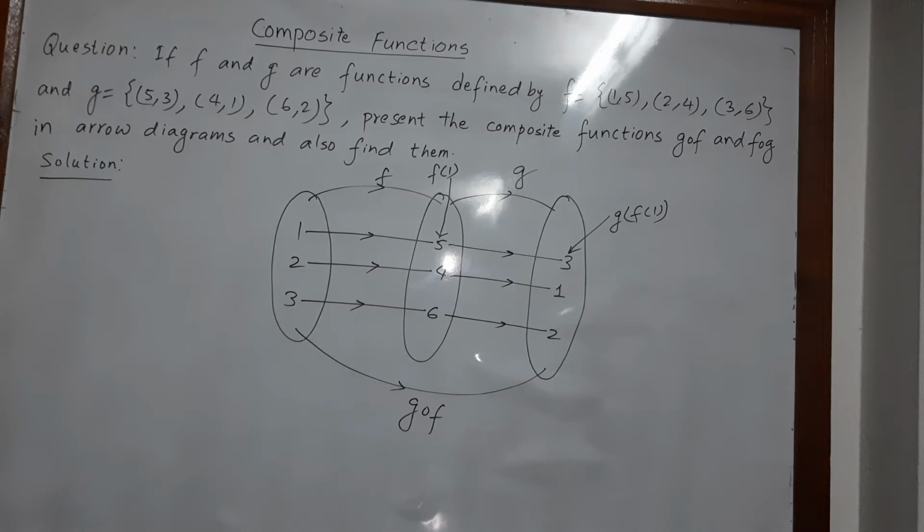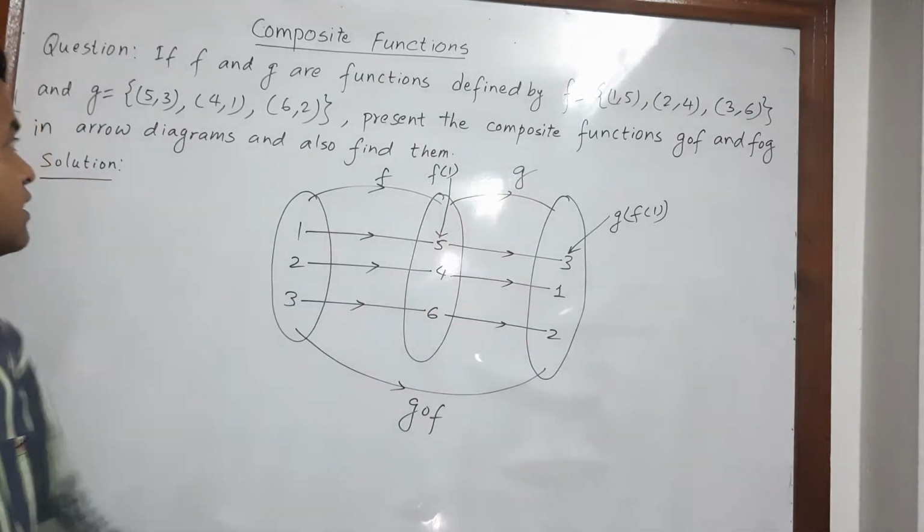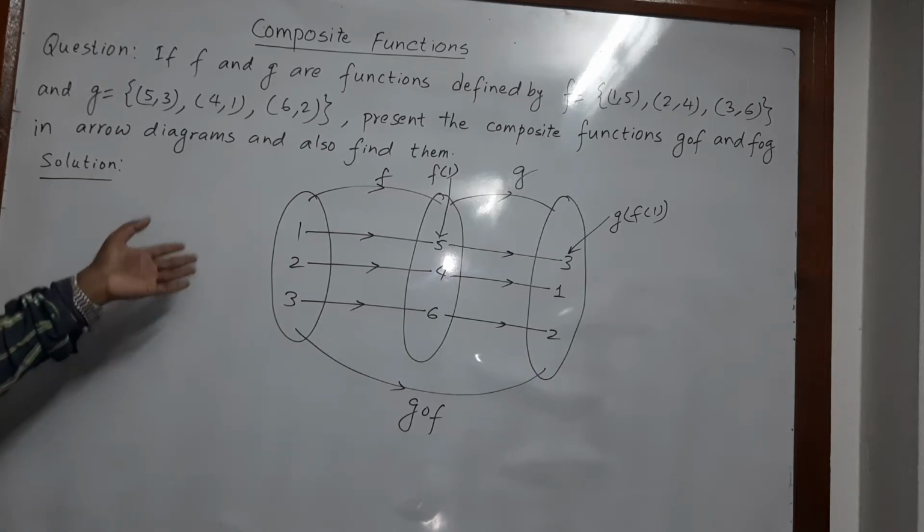Okay, so in this way we can find the composite function g of f, and if we represent g of f using a set of ordered pairs, we can represent it this way.